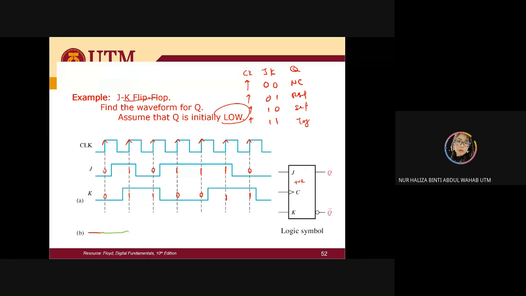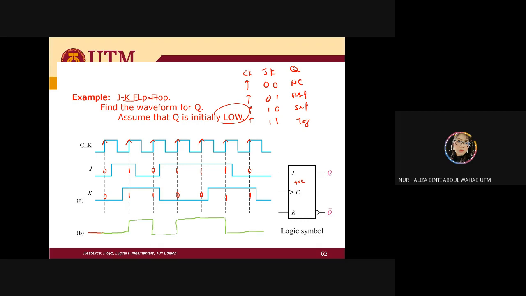1, 1 will be toggle. If it is 0, I'm going to make it as a 1 until the next clock. 0, 1 will be reset. So I'm going to be reset until the next trigger. 1, 0 will be set. Set. Another 1, 0, set again. 1, 1 will be toggle. So from 1, I'm going to go for 0. 0, 1 is reset.